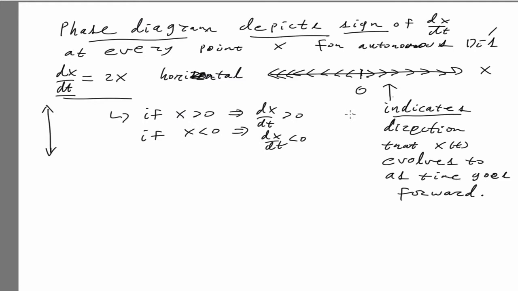One way to understand it is that if you were to start at an x naught that was here, I would know, by starting at that initial condition, which way I'm headed. I know which way x of t is going. But if I start at a point here, with a negative initial condition, I know that I'm going to go in the negative direction.